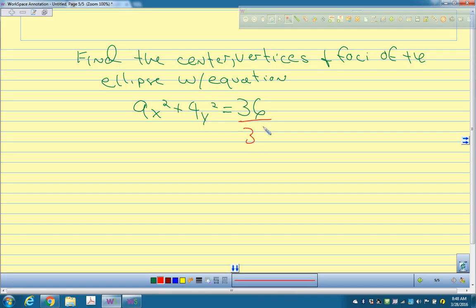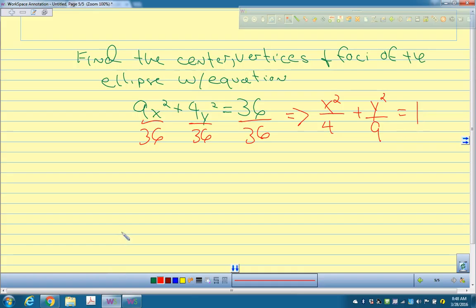So I divide that by 36, that by 36, and that by 36, right? And so when I convert that, I get x squared over 4 plus y squared over 4 goes into 36 nine times, equals 1.